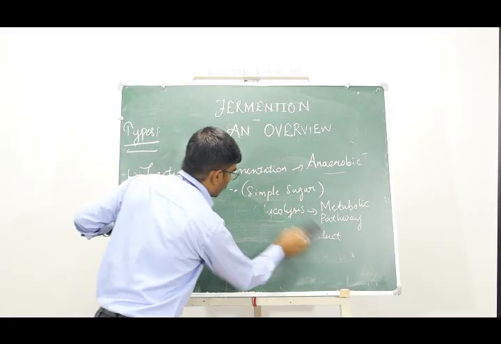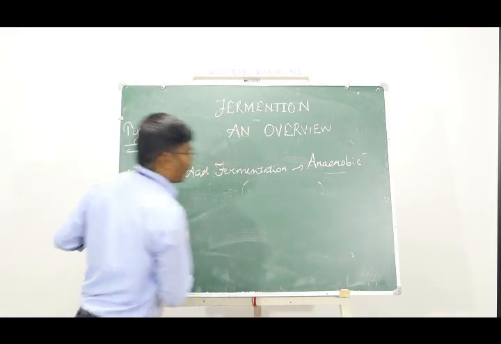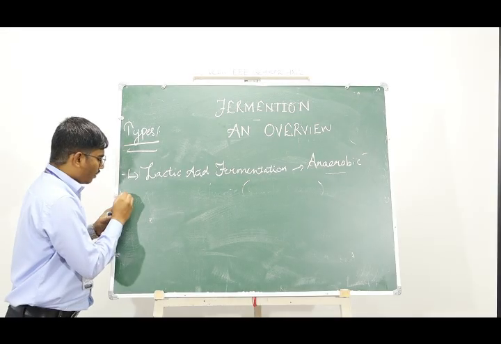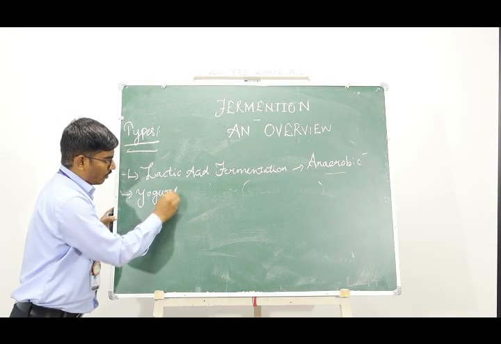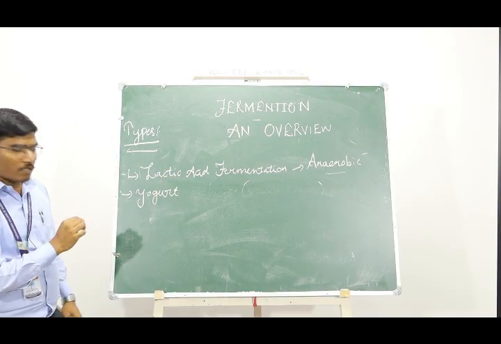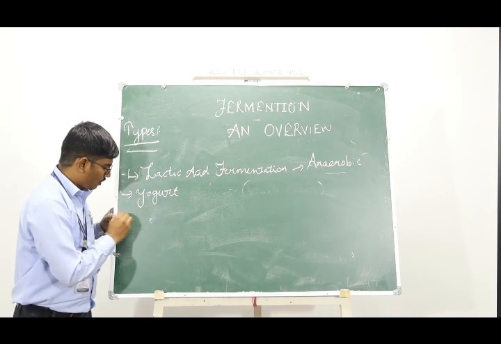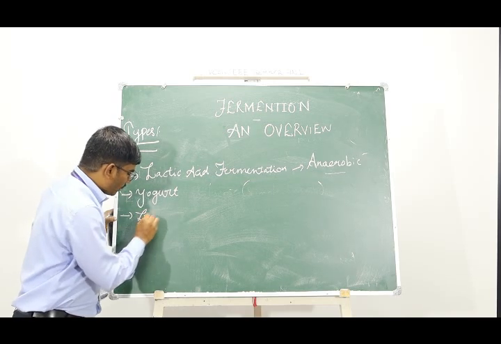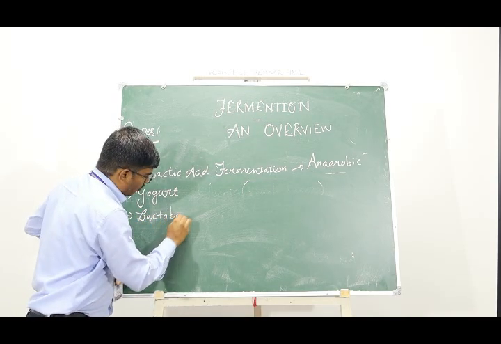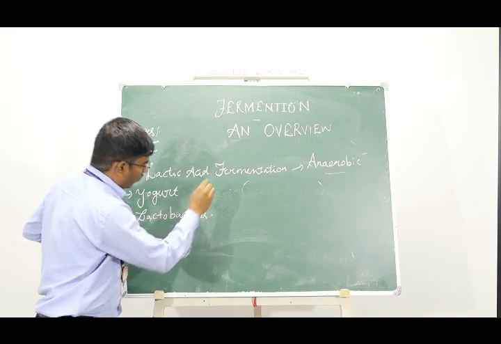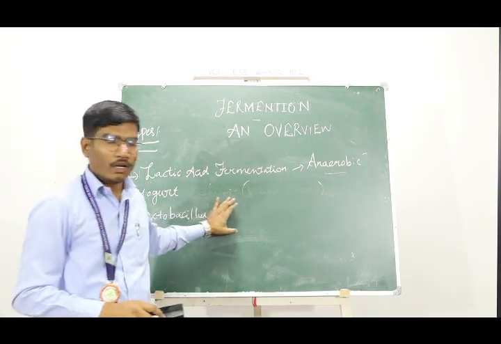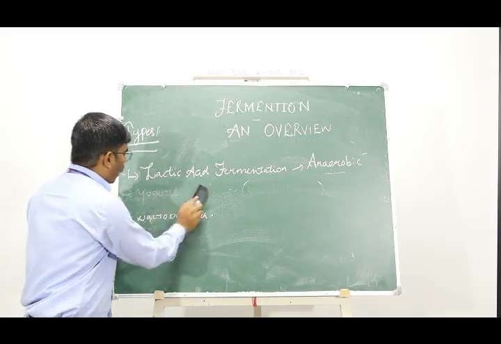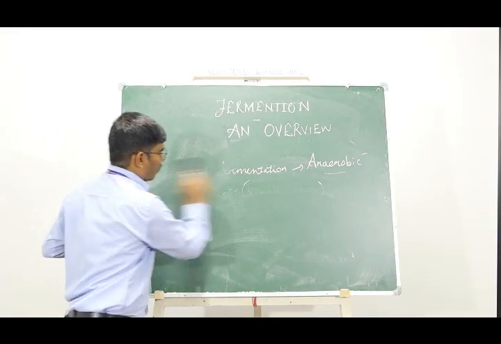And the example of lactic acid fermentation, we can consider the best example as yogurt. And the microorganism involved in the yogurt is lactobacillus. Okay, so I think you are clear about the lactic acid fermentation. Now we will move on to the alcoholic fermentation.